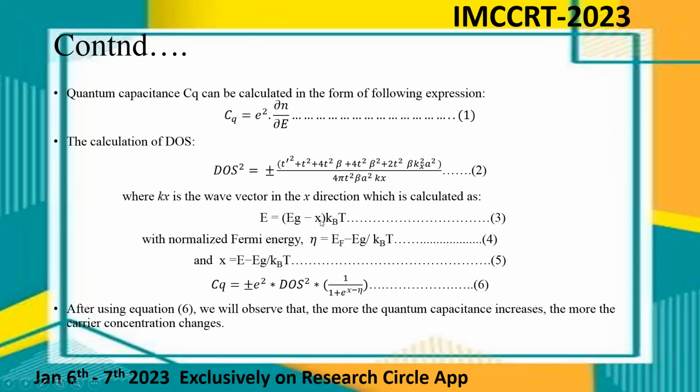X is the direction in which the charge will move. And Eg is the standard band gap of graphene without defect. Actually, before sensing with the gas molecule, graphene has a particular band gap, which is Eg here. And T is the temperature.